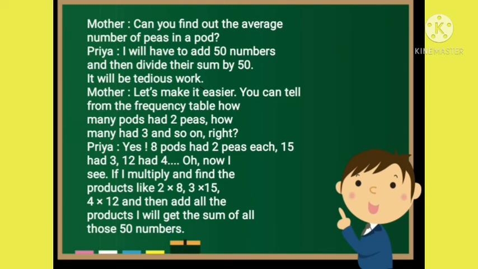Oh, now I see. If I multiply and find the products like 2 into 8, 3 into 15, 4 into 12, and then add all the products, I will get the sum of all those 50 numbers.